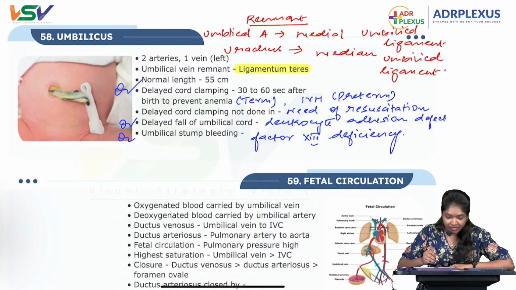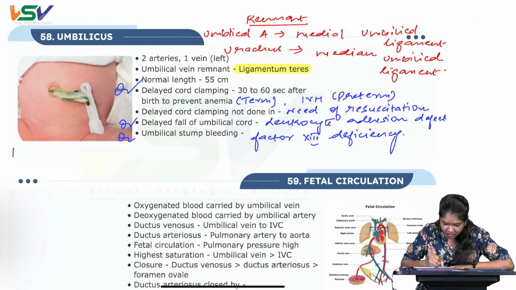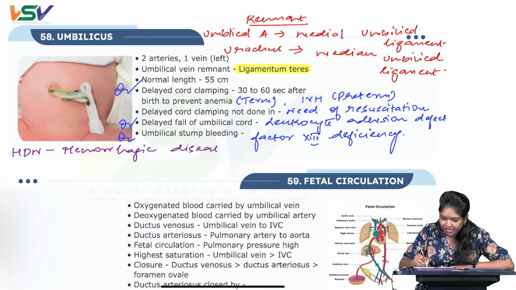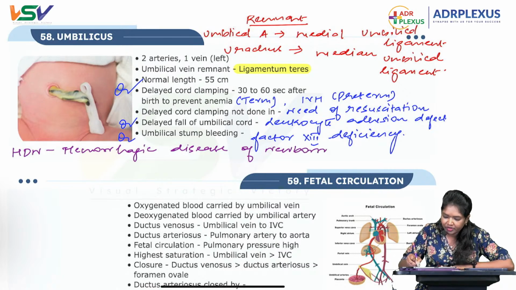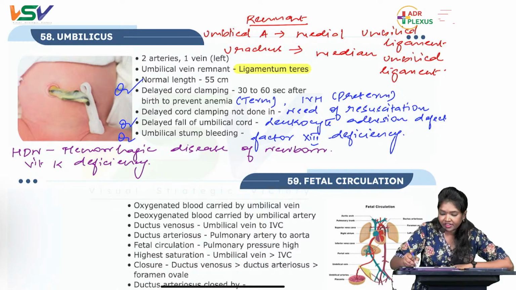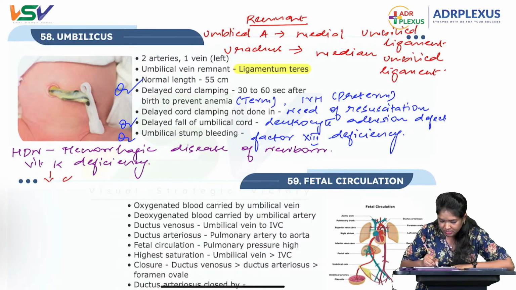Vitamin K deficiency. What is that called? HDN, hemorrhagic disease of the newborn. It is because of vitamin K deficiency. That is why at birth you will give vitamin K to all babies. So what are the vitamin K dependent clotting factors?